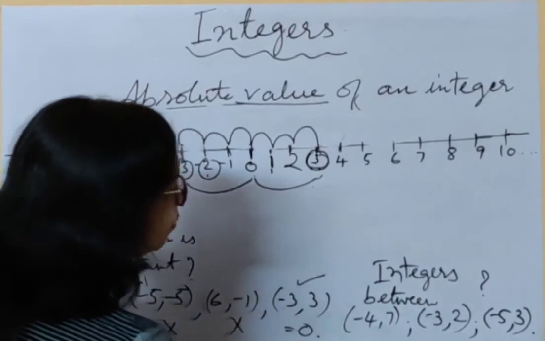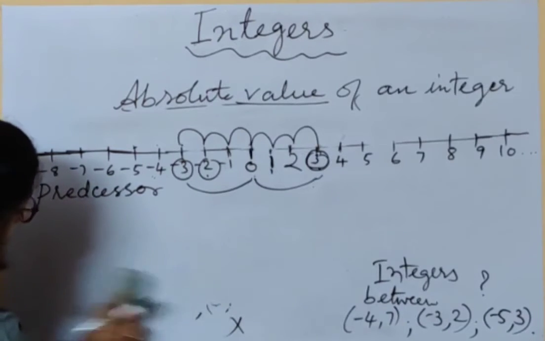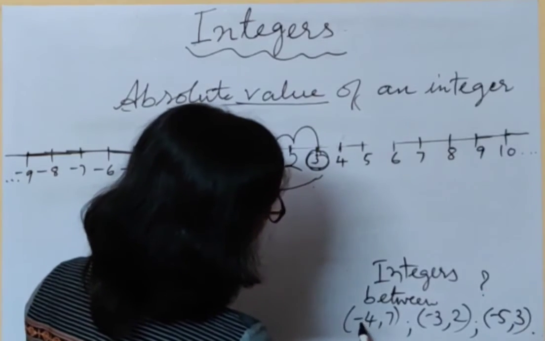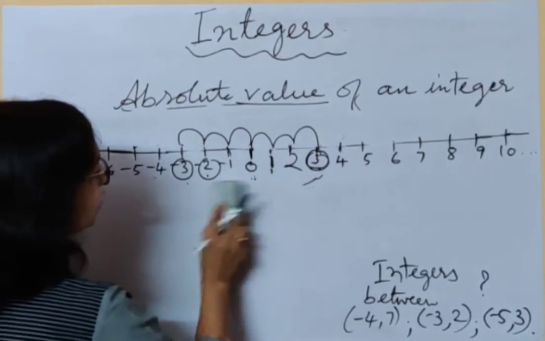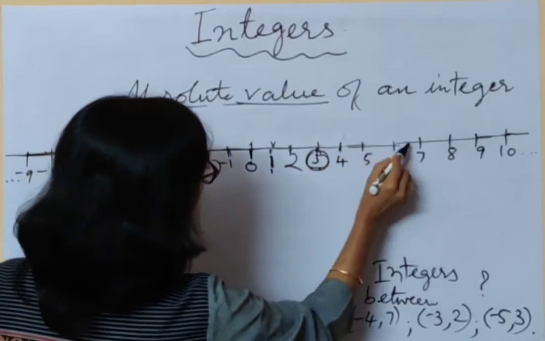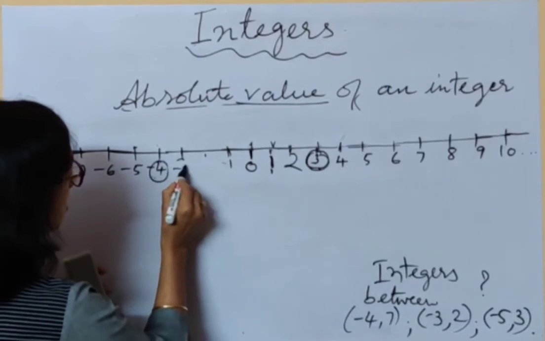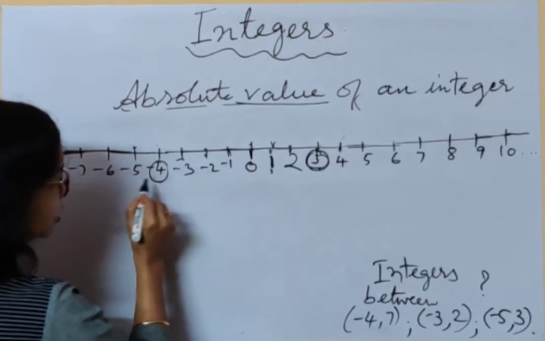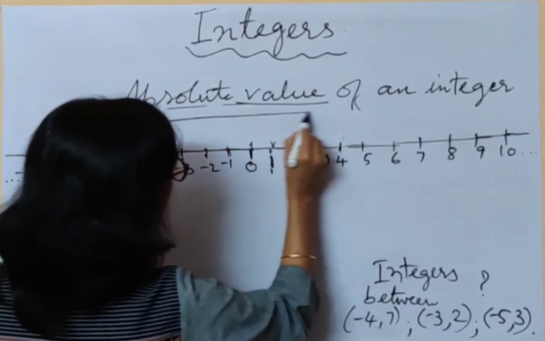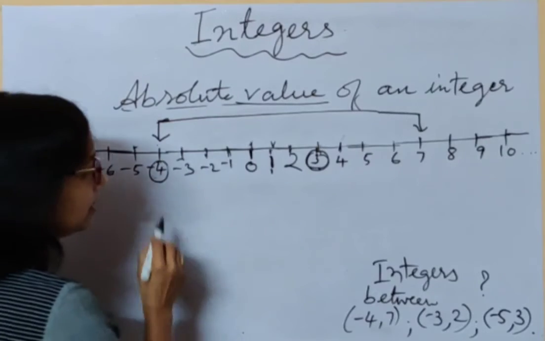Now let us find the integers between these numbers. Here minus 4 and 7. This is our number minus 4 and this is our number 7. So we take the numbers from minus 4 to 7.